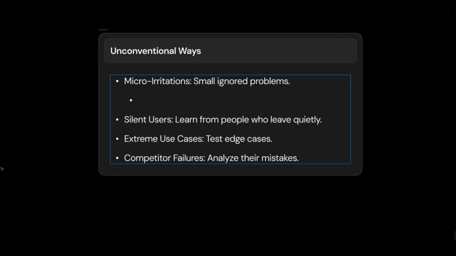One example would be that Swiggy's app has too many notifications. That is actually an irritation. If you get hundreds of notifications, you would be irritated, obviously. Customers might not leave, but they are annoyed. So that is one.